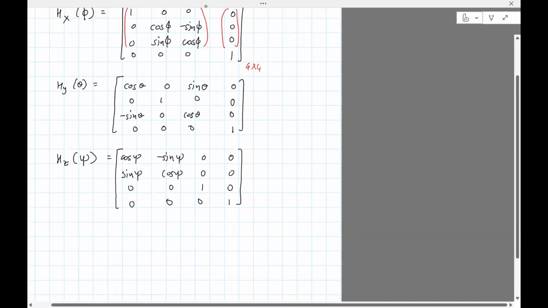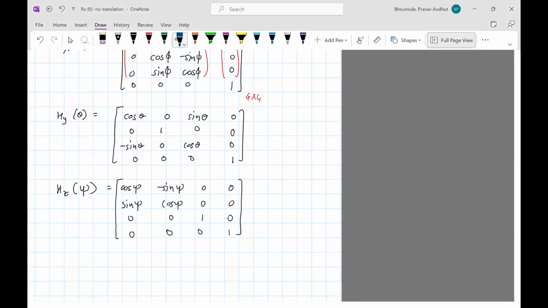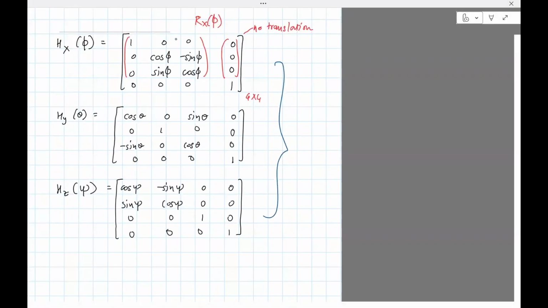So all these 4 cases are revolute joint motion. If there was a revolute joint, that would be the angle. It will be the homogeneous matrix associated with the revolute joint, but rotation about the different axes.